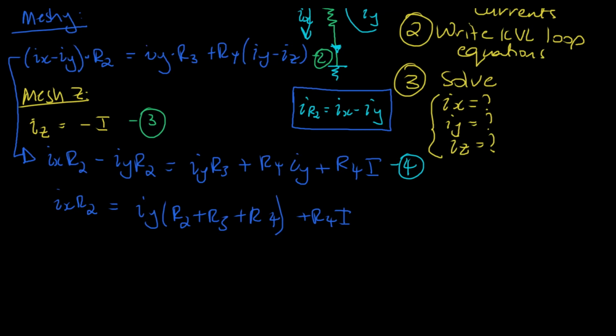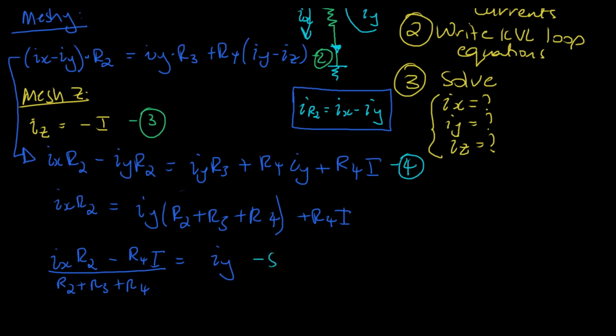Rearranging for Iy, we have Ix R2 minus R4I divided by R2 plus R3 plus R4 equals Iy.